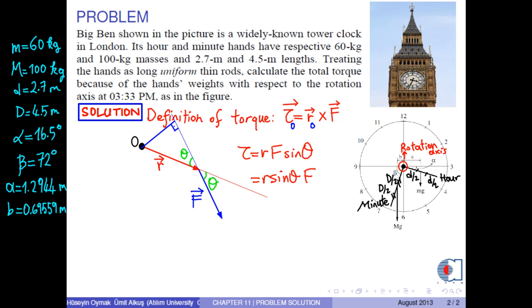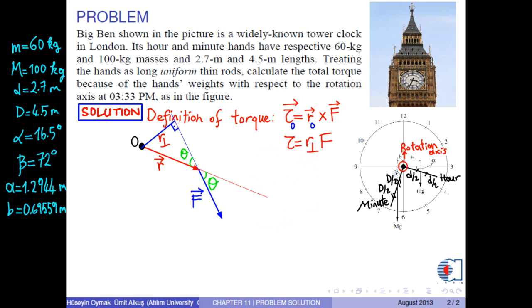This is equal to r times sin theta times F. According to the figure, r times sin theta is the component of the position vector perpendicular to the line of extension of force F. Therefore, we write r perpendicular times F.